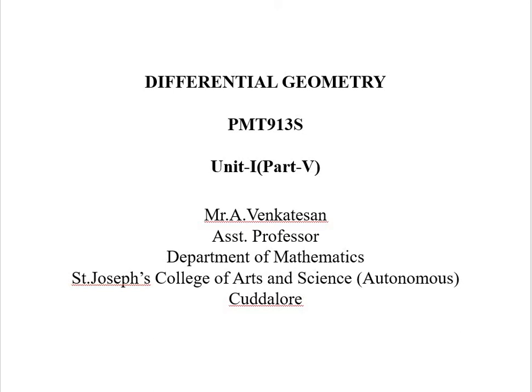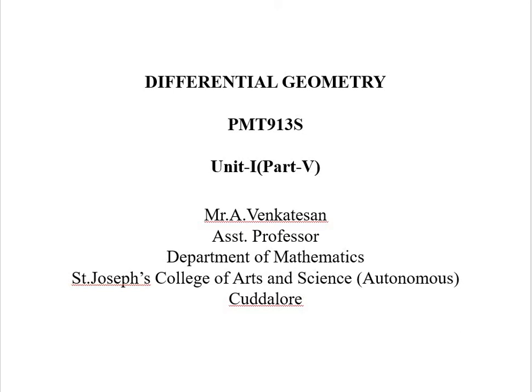This is a differential geometry video, Unit 1, Part 5. Already we've seen Part 1 and Part 2, basic concepts of differential geometry or length in differential geometry, and some problems based on Part 2. In the third and fourth videos, we discussed the unit tangent vector, rectifying plane, normal plane, and the Serret-Frenet formulae, and finally curvature and torsion.